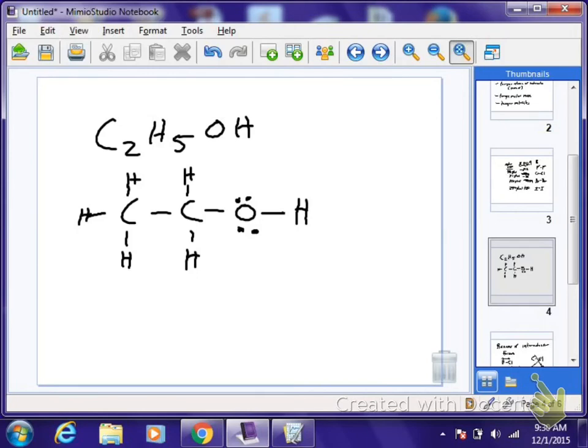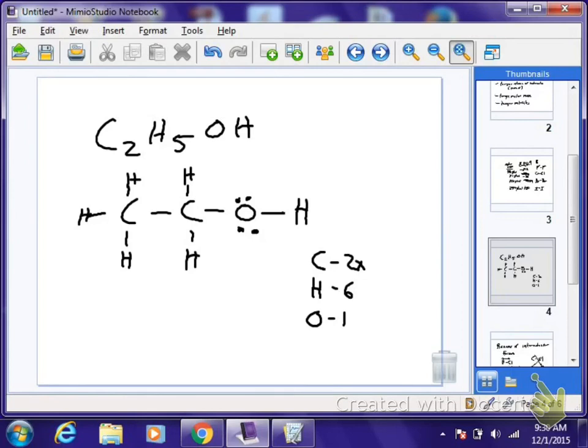So the next thing we're going to do is find the molar mass. Well, it's just like I did with fluorine, chlorine, bromine, and iodine. I'm going to count how many carbons I have. Carbons, I have 2. Hydrogens, I have 6. Oxygens, I have 1. Each one of those would represent moles I have. So I got 2 moles of carbon, 6 moles of hydrogen, and 1 mole of oxygen. If I want to find the weight contributed by each atom, a mole of it, I take it times its atomic weight.